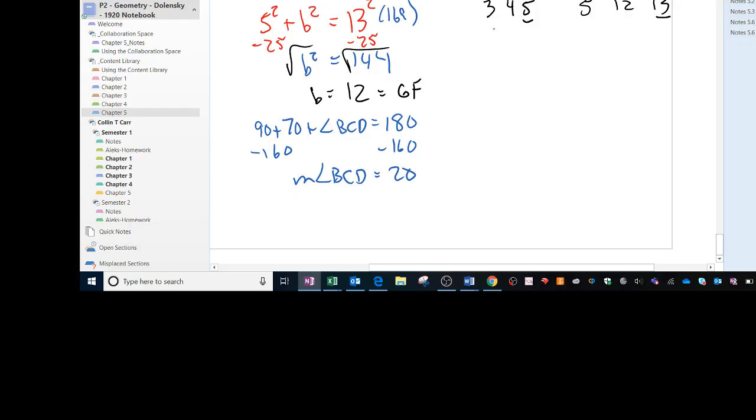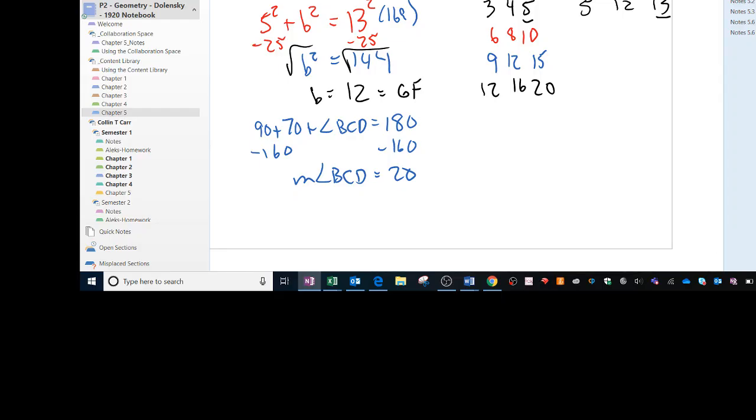So if I multiply everything by 2 on the first one, notice that I get 6, 8, 10. That is a Pythagorean triple. If I multiply it by 3, I get 9, 12, 15. So on. I multiply it by 4, I get 12, 16, 20. So these are ways of knowing that, like, you can sort of just recognize that these are what they are.